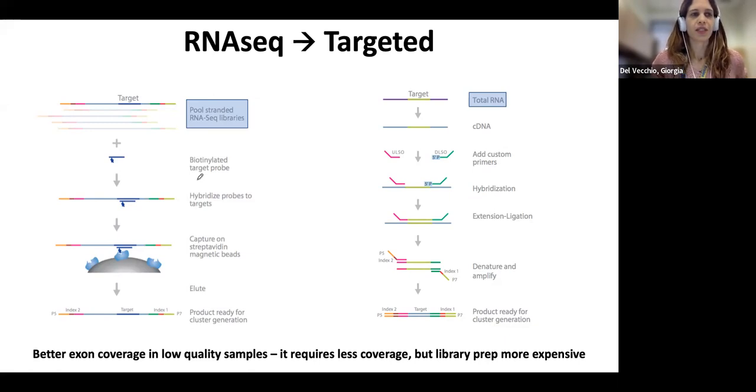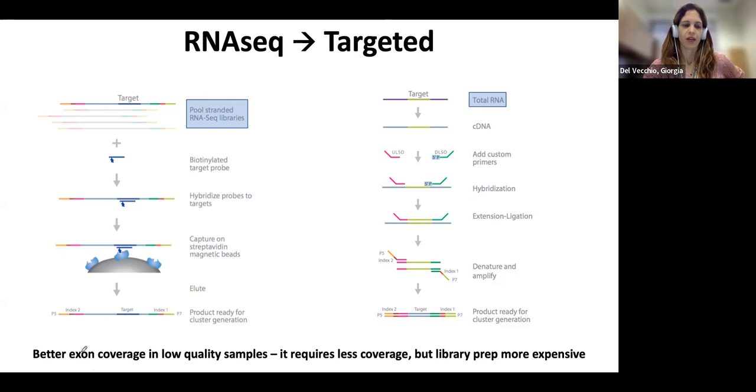So instead of processing the total RNA, you can just capture the exon regions. You can use exon-specific probes conjugated with biotin, as we saw yesterday for the targeted DNA approach. You can use streptavidin beads to just capture the exon sequences.